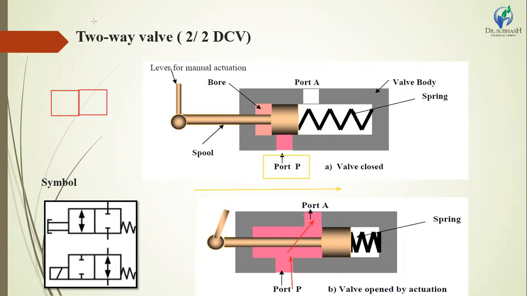The first position mentions port A to port P, meaning fluid flows from port P to A or A to P. And this T shape indicates the valve position is closed, meaning fluid is not flowing in this position.